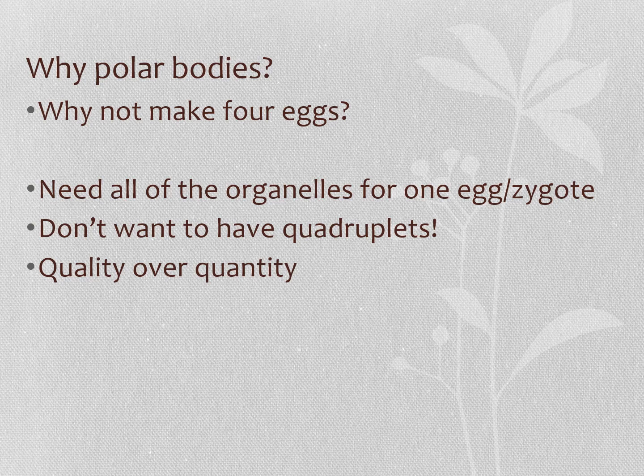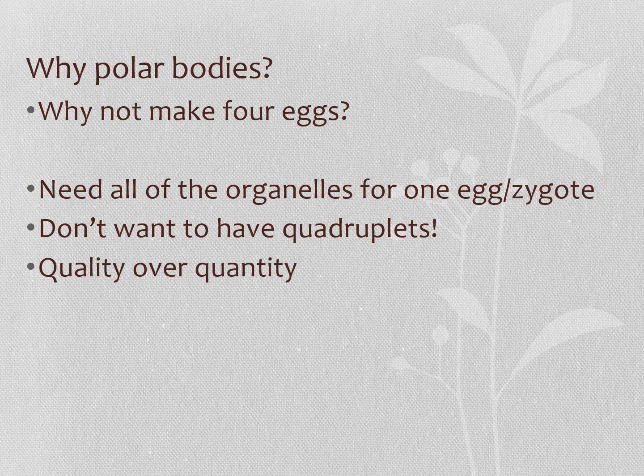We want all of that stuff so that when the sperm arrives bringing nothing but his chromosomes, you have all the cellular equipment you need to survive. And so you don't want to have to split it in half twice, right? It's like when roommates split up, and one of them gets the shower curtain, the other one gets the dishes, right? You don't have a full set of anything.